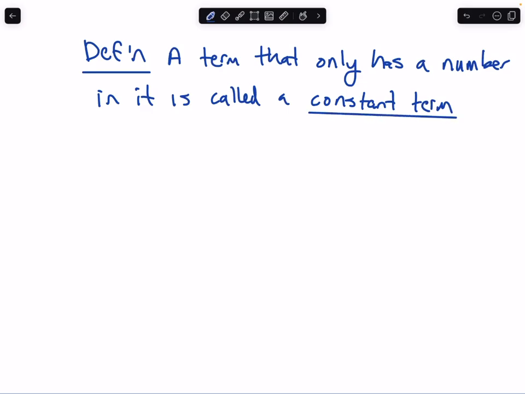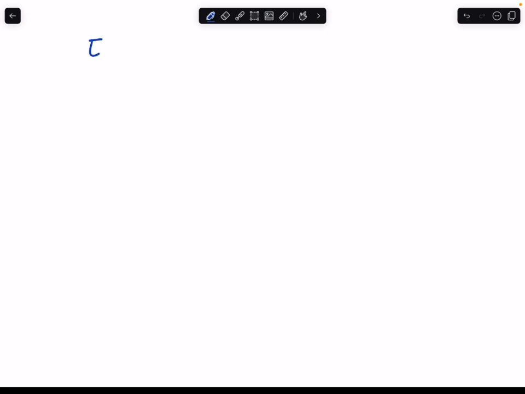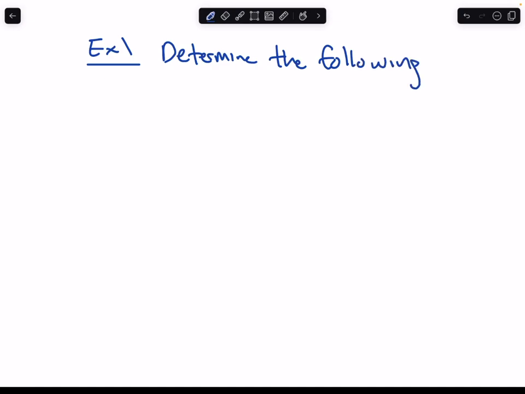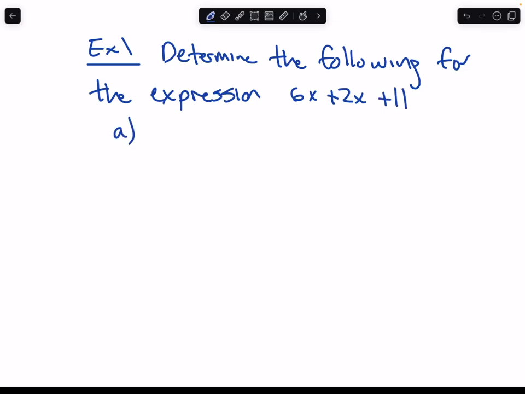Let's do an example. Example number 1. We want to determine the following for the expression 6x plus 2x plus 11. Part A, how many terms are in the expression?